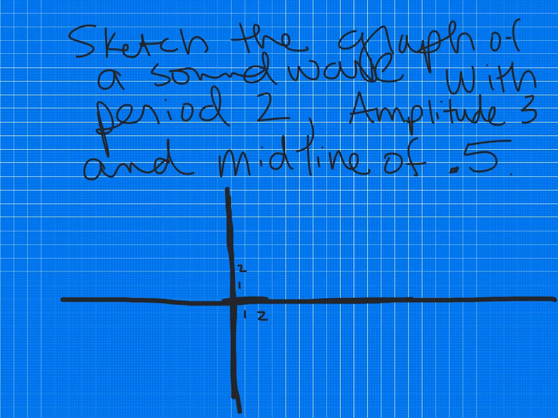Sketch the graph of a sound wave with a period of 2, amplitude of 3, and midline of 0.5. All right, so the first thing you're going to want to take care of is the midline. If the midline is 0.5, you're going to find it here.